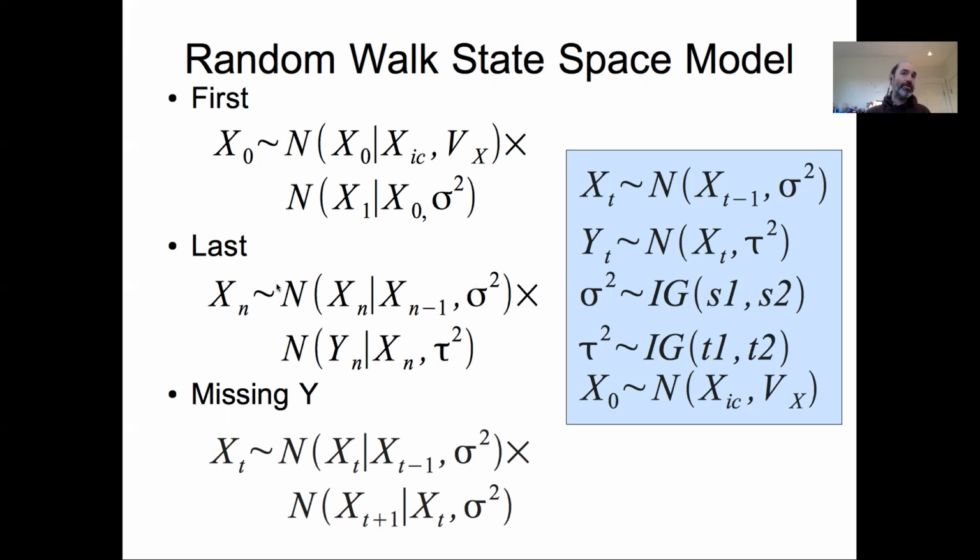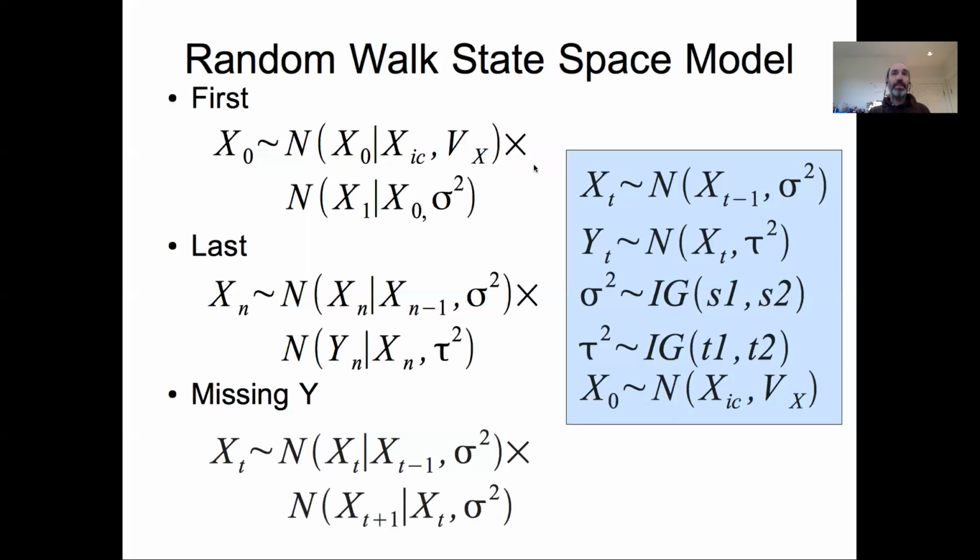But when there's no data from the future, you're only constrained by the past. And then finally, this missing y case, if we're trying to infer an x and we don't have any y's at all, in the state space framework, we can actually do that. That x of t is just informed by the x of t minus 1 and the x of t plus 1. And we were able to estimate this x of t.